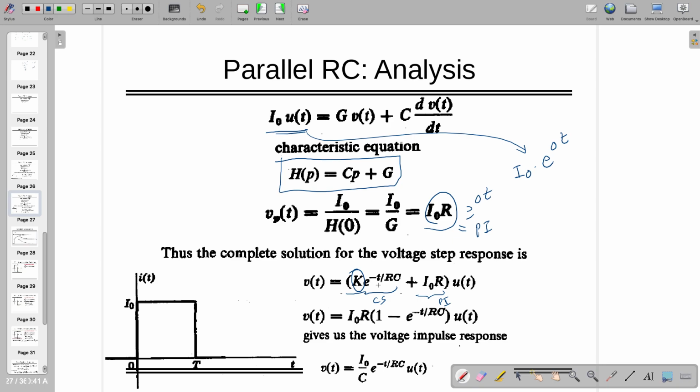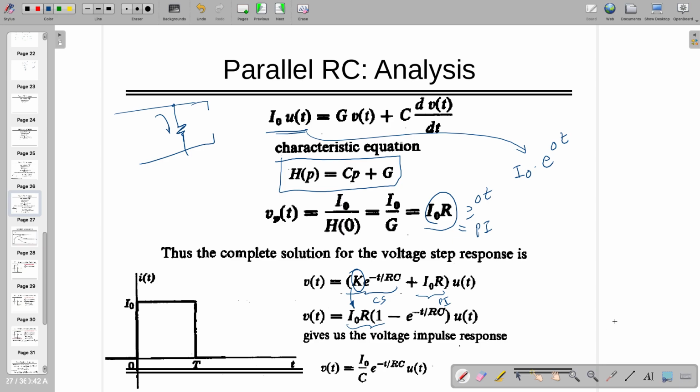So in that case, this is only I0 times R. That is what you are going to see in this circuit. So this is open circuit. So current through this network is equal to I0 times R.